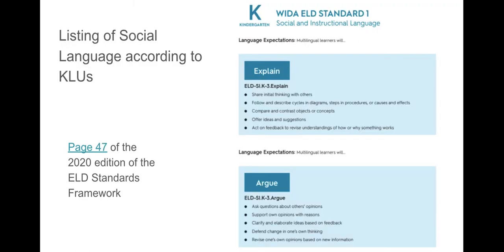And then it shows a listing of social language according to key language uses. So it will go through all 5 WIDA standards and talk about what students will be able to do.